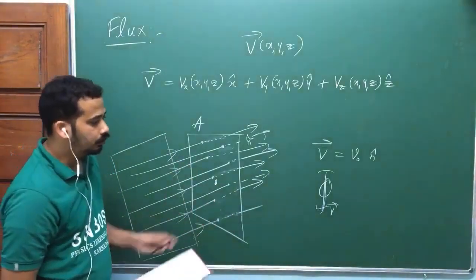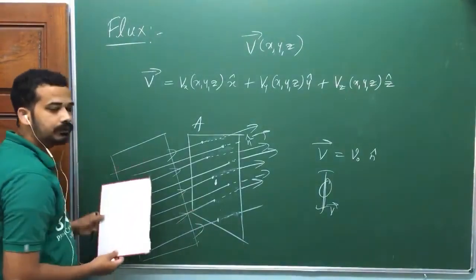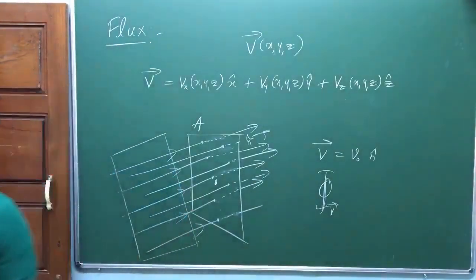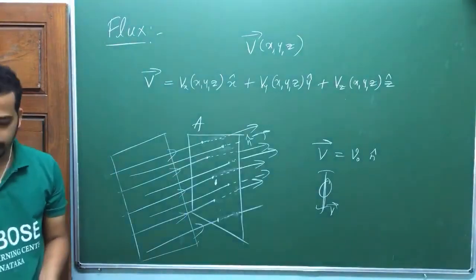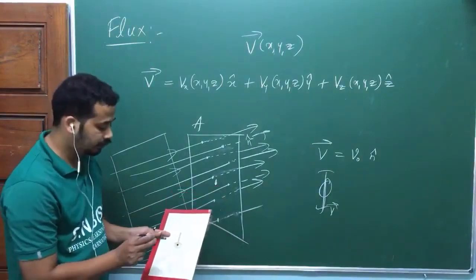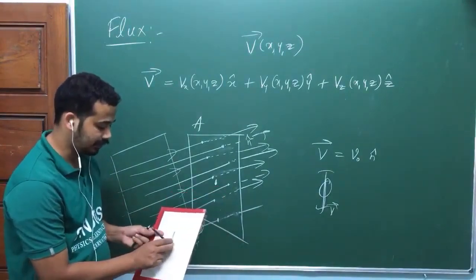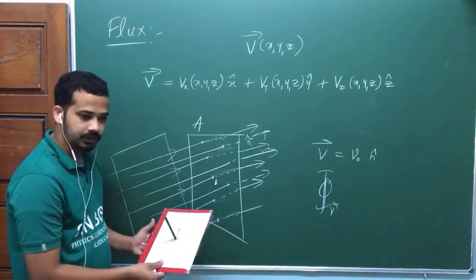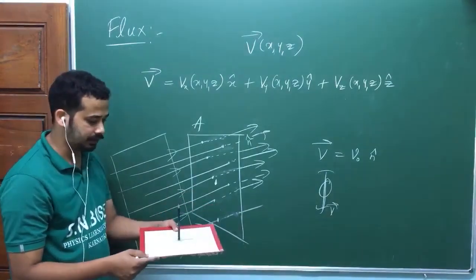Now look at here. To quantify that one, we define one vector. Is that okay? Now it is useful. Suppose you have a plane like this, okay? We define one vector, which we call the area vector, which is perpendicular to the plane. Can you just imagine?